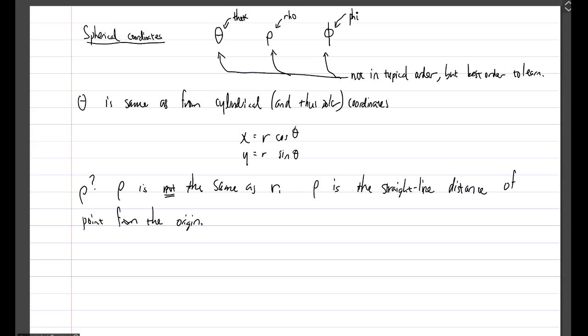Here's another thing. We've seen that the polar coordinate r can be negative, but rho cannot be. So rho has to be greater than or equal to 0, always. Because we're talking about the straight line distance that the point x, y, z is from the origin, we have x squared plus y squared plus z squared is equal to rho squared.